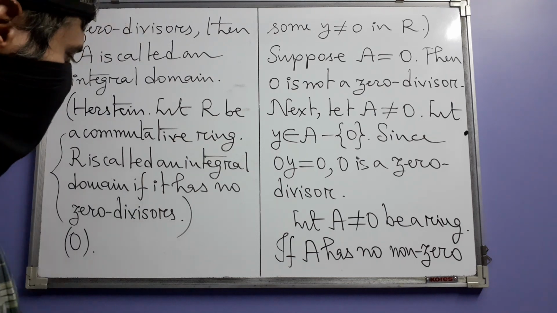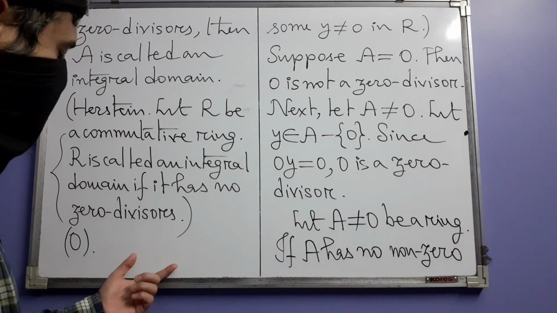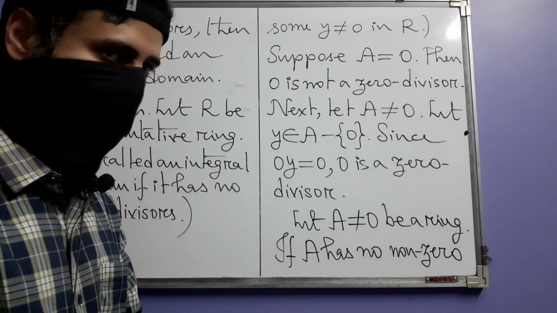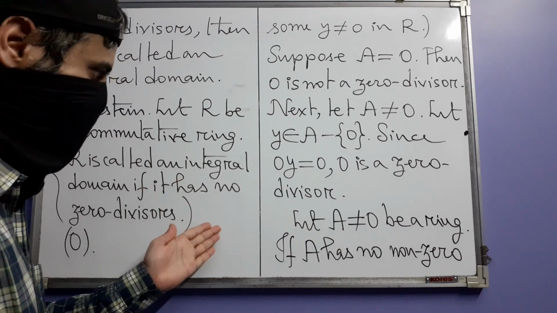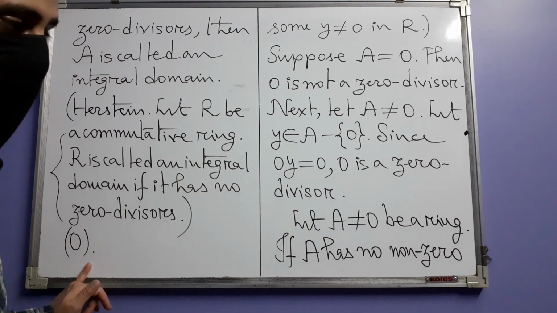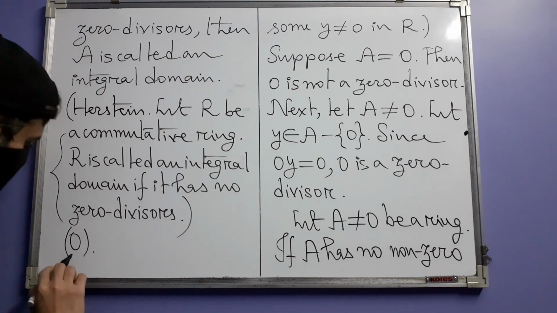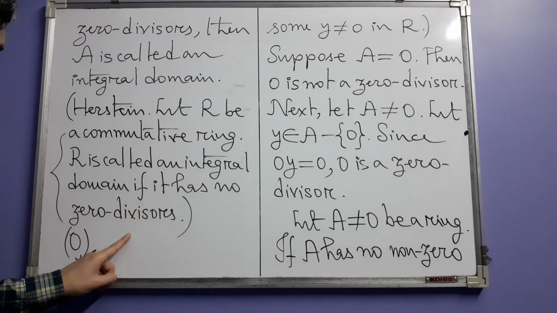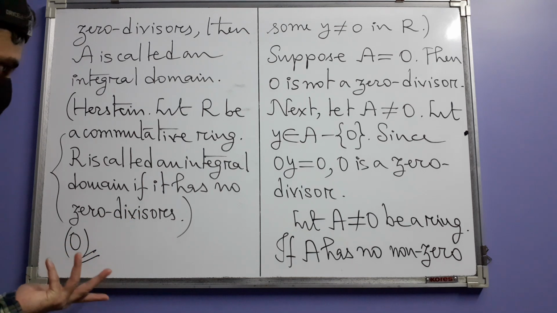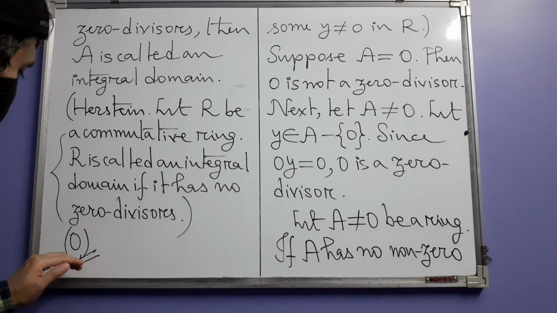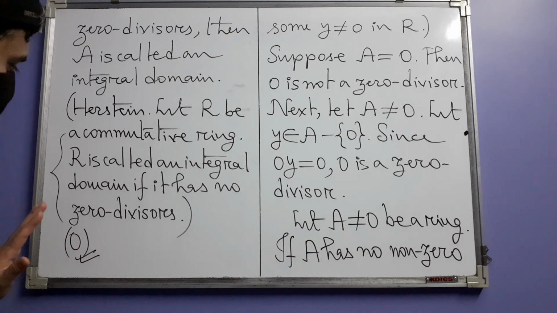This is unfortunate because some results which are in general true for non-zero integral domains according to this definition fail to be true when the integral domain is zero. Oh, by the way, how is it an integral domain? Is it commutative? Yes. Is there a zero-divisor? No. Zero anyway is not included in Herstein's definition of zero-divisors. So by definition, this is an integral domain.